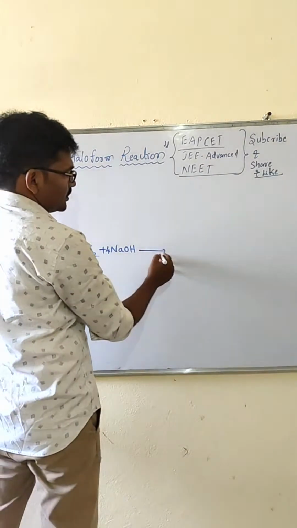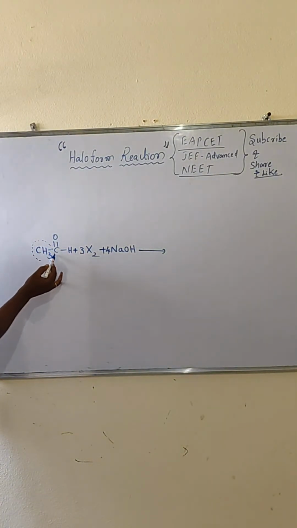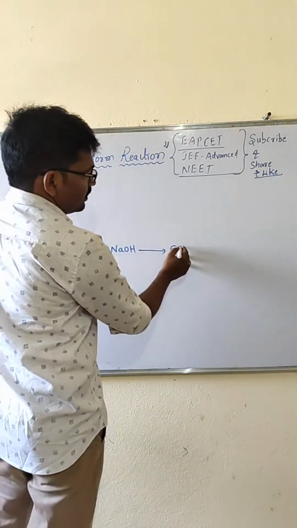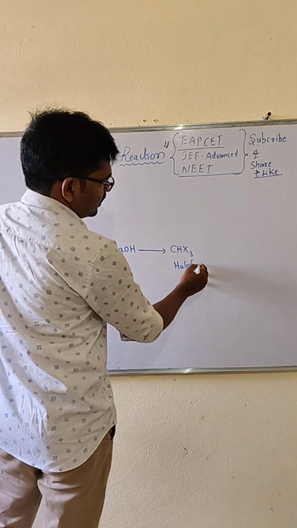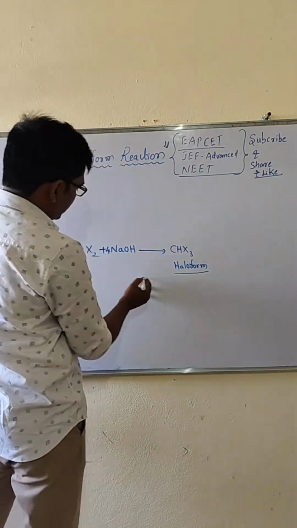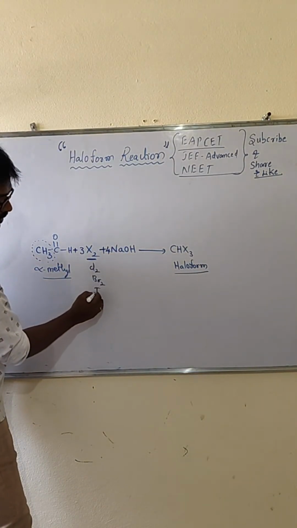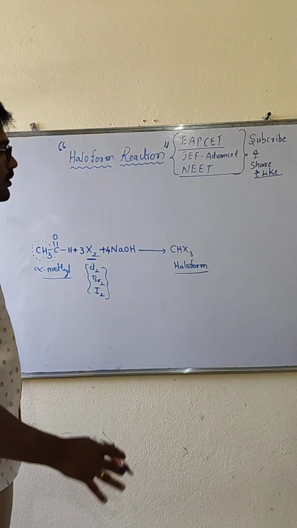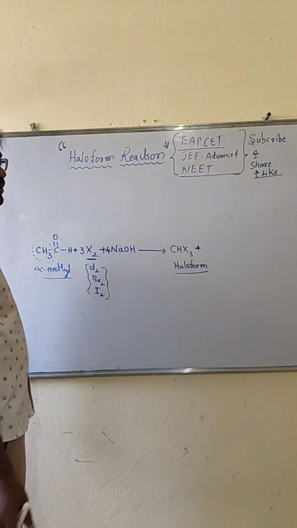So in this reaction, what happens? Wherever the alpha methyl group is there, it can be converted into haloform, that is CHX3. In place of X it may be chlorine, bromine or iodine, so you can get chloroform, bromoform or iodoform.